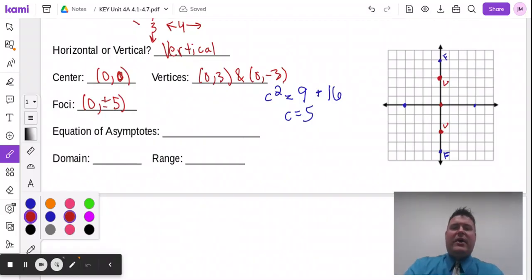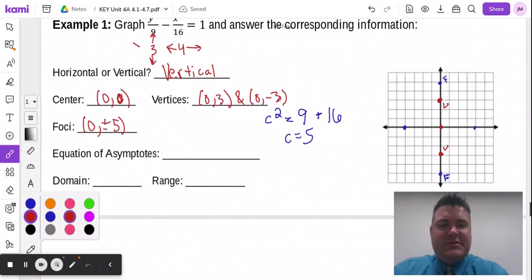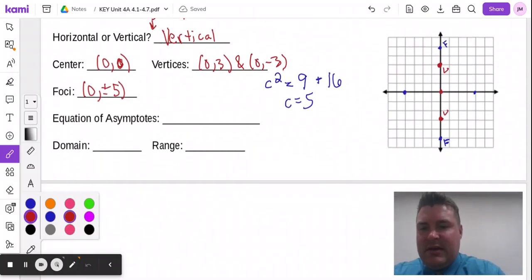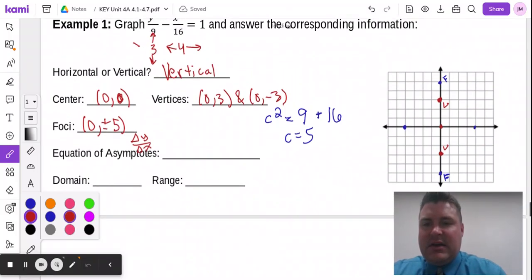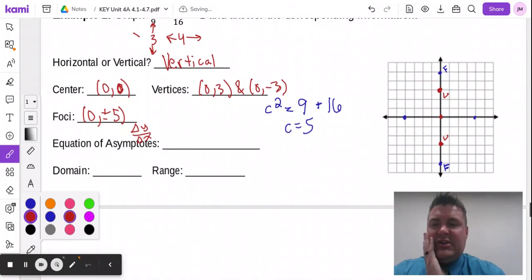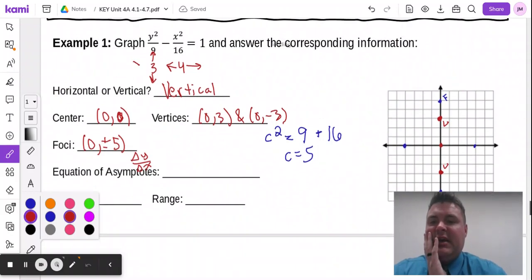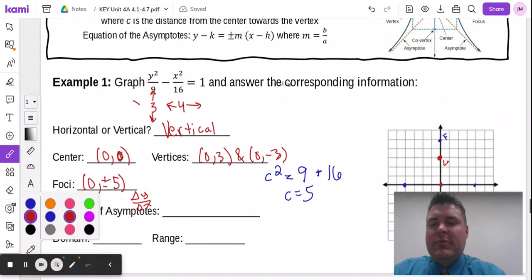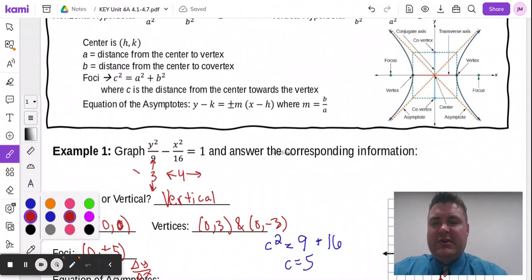Equation of the asymptotes. This is when we look at the change in the y over the change in the x. In this case, 3 is the y change and 4 is the x change.